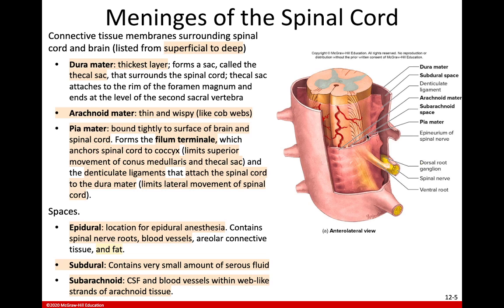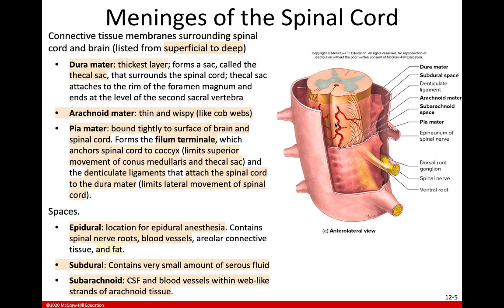And then the pia mater, again, this is dura, this is arachnoid, this is pia mater. The pia mater is going to be very thin. Remember, it's going to be more for nourishing the brain and spinal cord, and it is going to be bound very tightly to the surface of the brain and spinal cord, and it forms what we call the filum terminale.